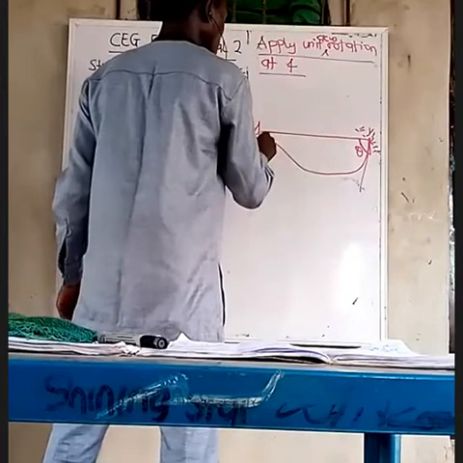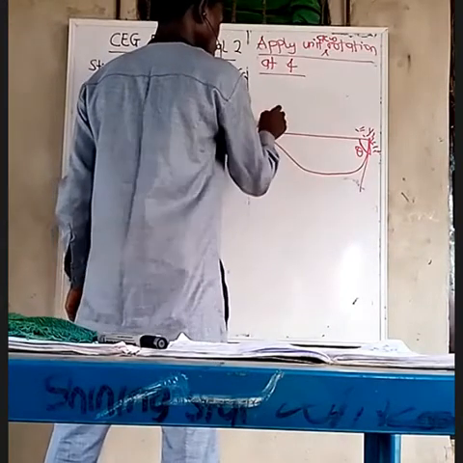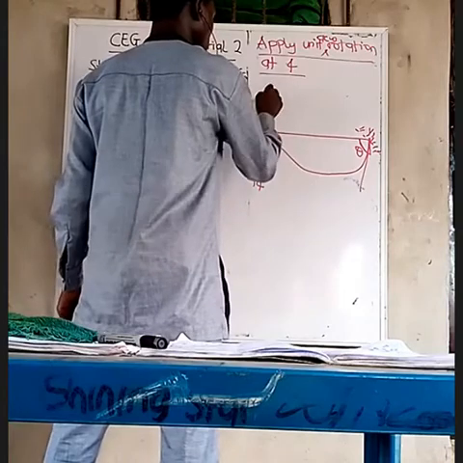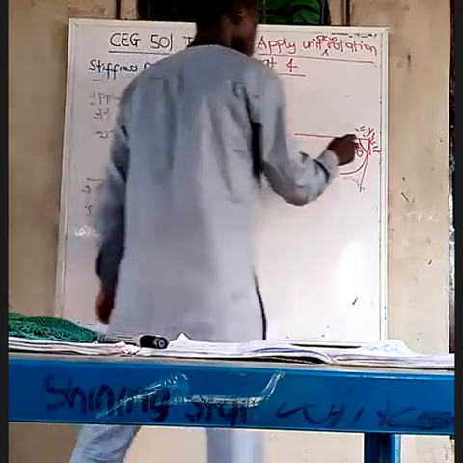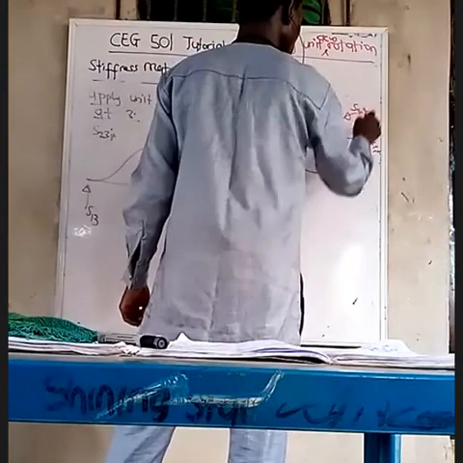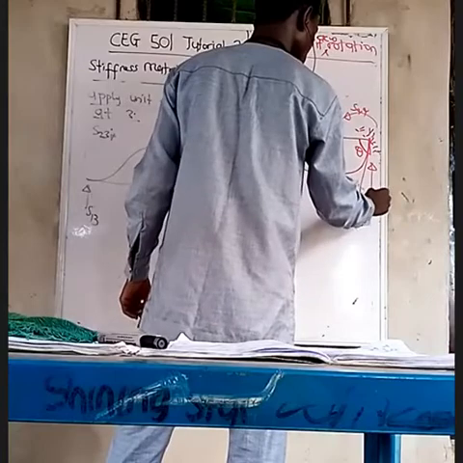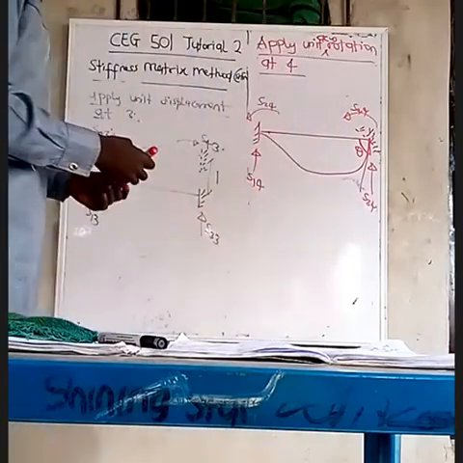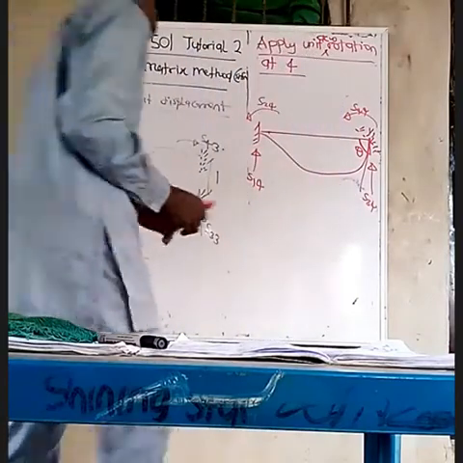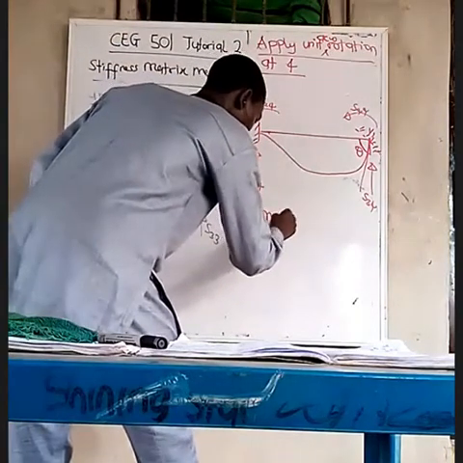So also we would have S1 due to 4, S2 due to 4, S4 due to 4, and S3 due to 4. So we commence our analysis again.